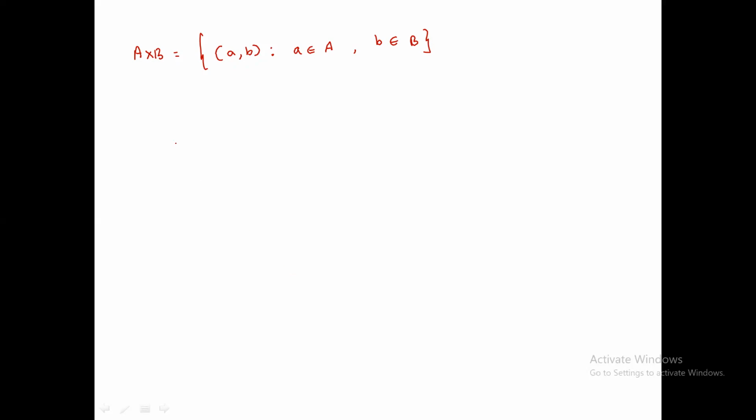Similarly, let us take one more example. A is the set having DL, DL means Delhi in short, MP, MP means Madhya Pradesh in short, and KA, KA means Karnataka in short.